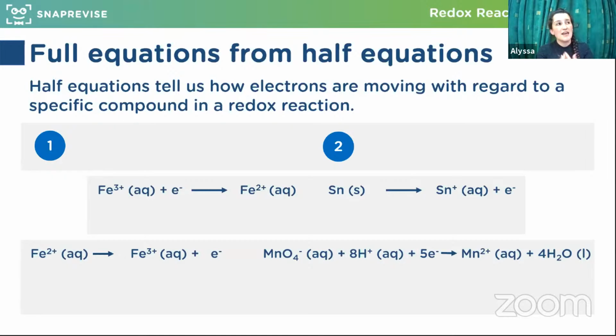I think the key to a half equation is that it's talking about what happens to the electrons in a reaction, the bits that we can't see or can't really keep track of very easily. And it helps us as chemists to work out molar ratios, in terms of knowing exactly how many reactants you might need to add together, or how much product you've produced, or how much reaction has actually occurred.